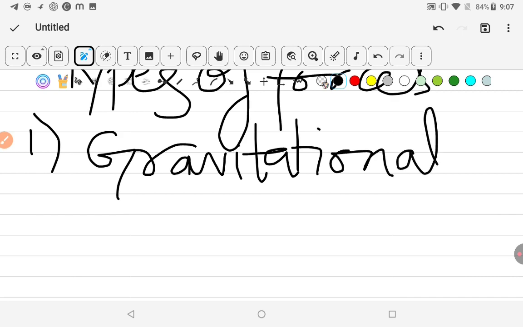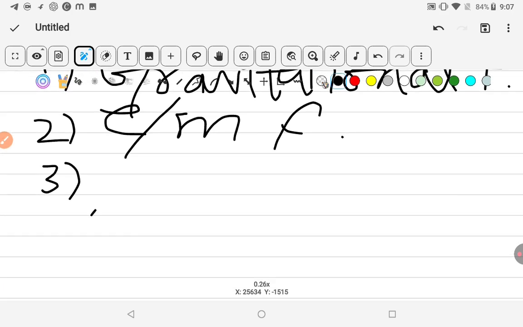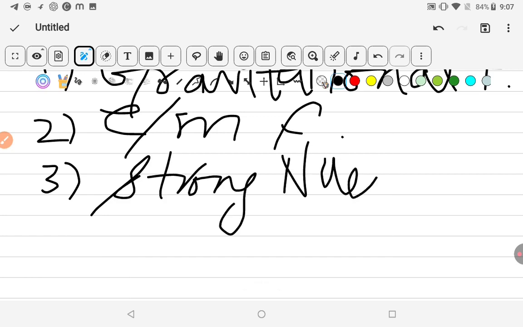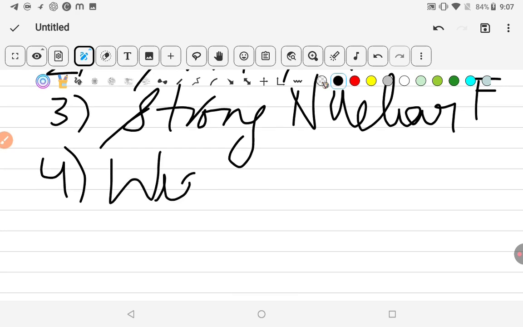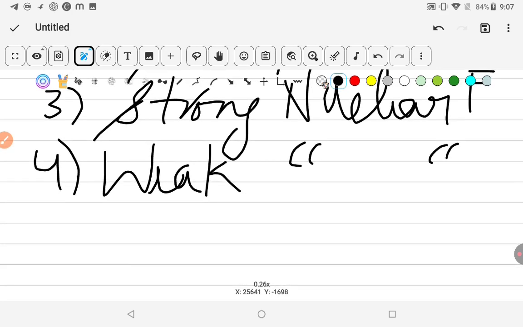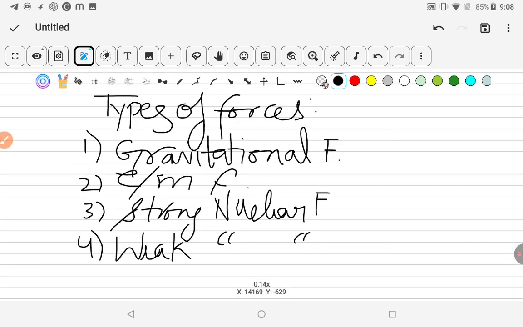I'm not going to waste time writing force, so I'm just going to write F. Gravitational force, electromagnetic force, EM force. Third is strong nuclear force, and fourth is weak nuclear force, or simply weak force. So these are the types of forces we are going to learn.